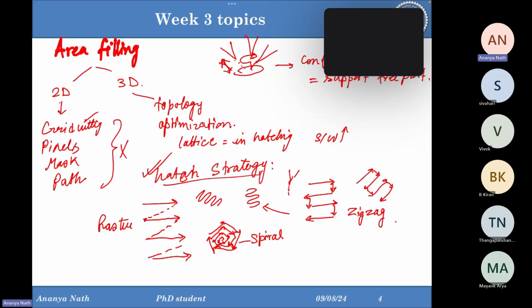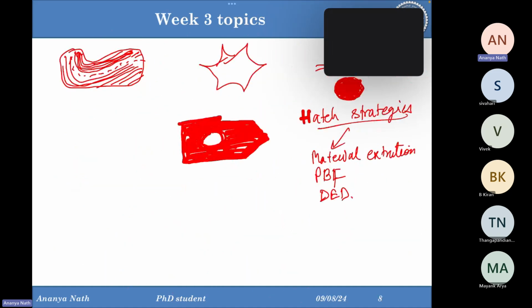So this grid cutting is useful in case of, can you name which additive manufacturing uses grid cutting? Any one of you who has watched the videos of week 3? No one?